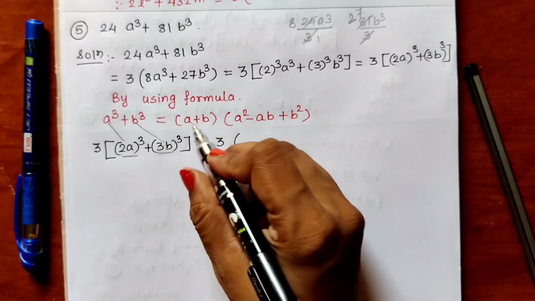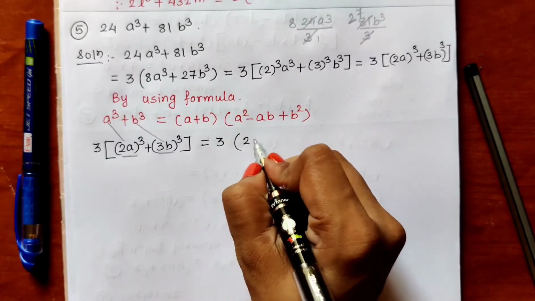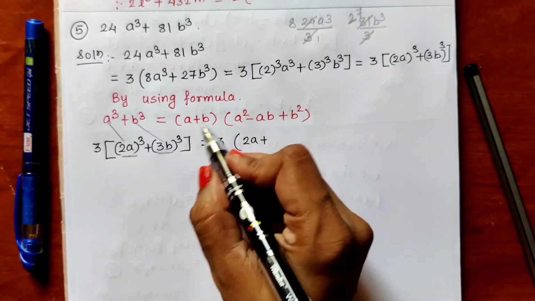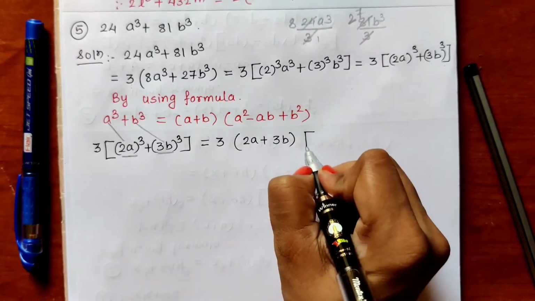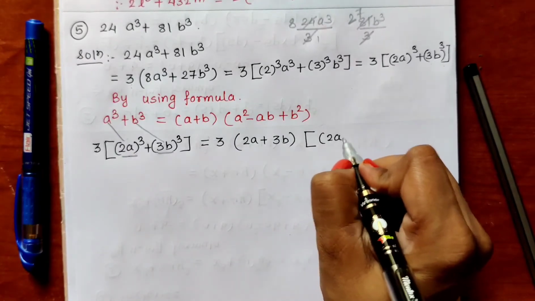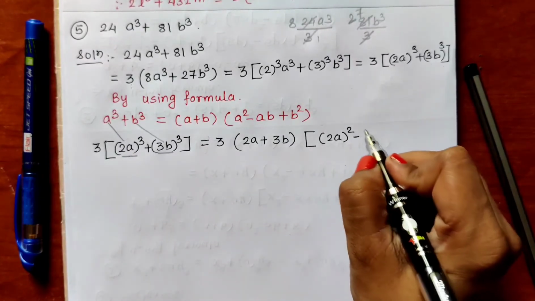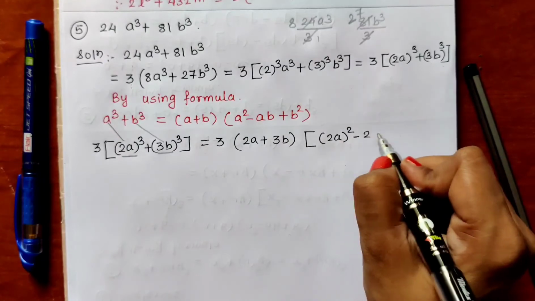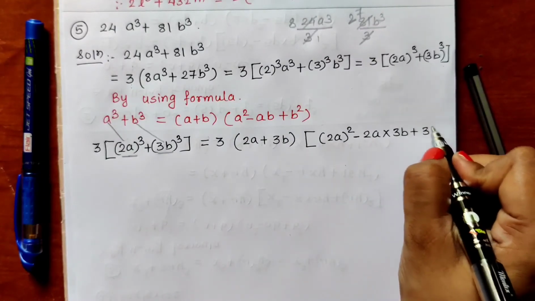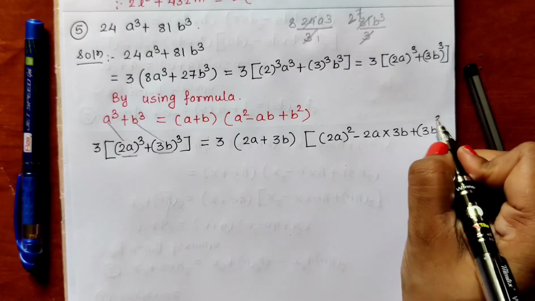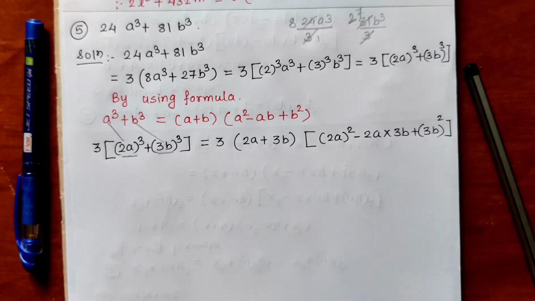Now in place of a we will be writing 2a, in place of b we will be writing 3b: 2a plus 3b. In the second bracket, a square means (2a) square minus a into b means 2a multiplied by 3b plus (3b) square, close the bracket.